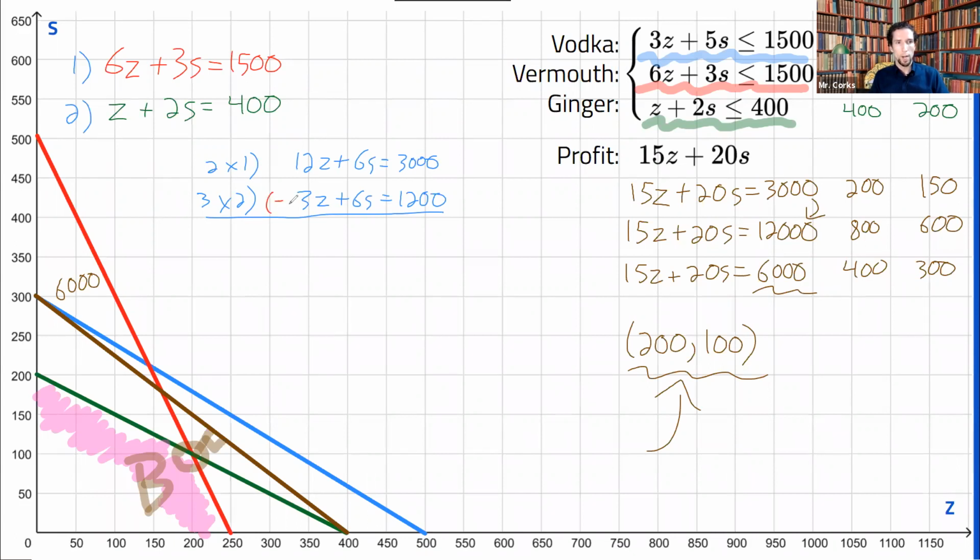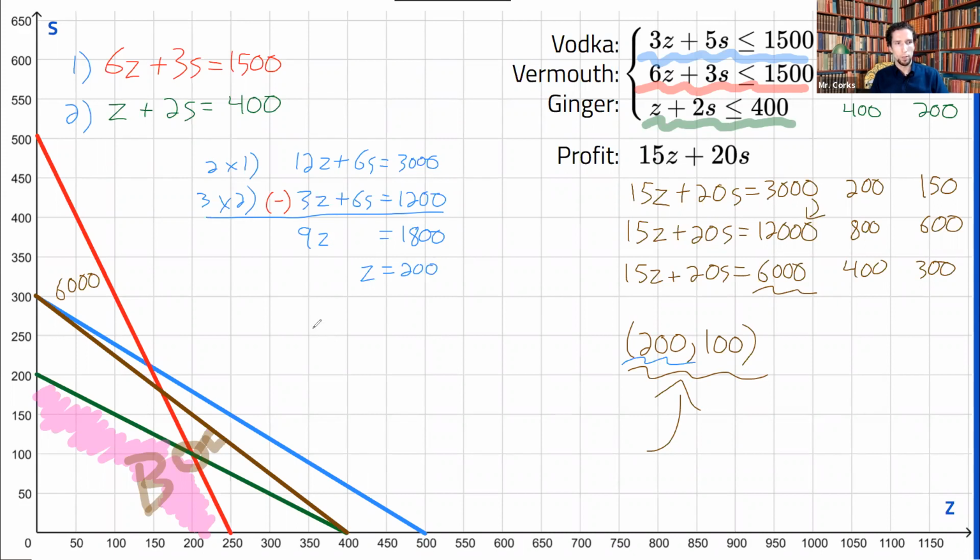We are subtracting because we have the same sign on both of these. So 9Z, 0S is equal to 1,800. And therefore, our Z is equal to 200. Okay, so that's what we saw on the graph.